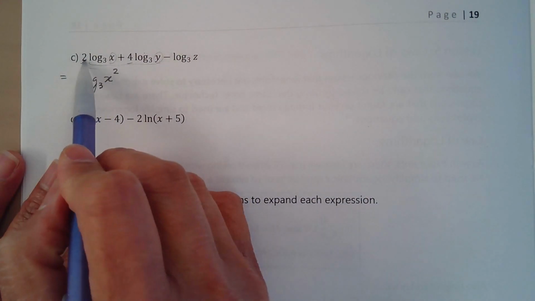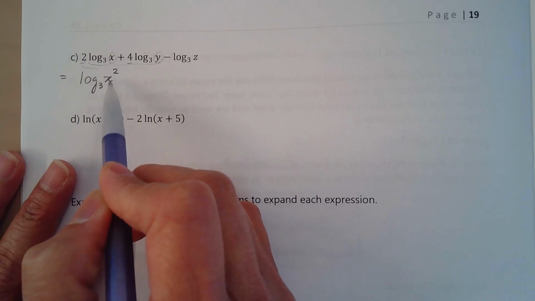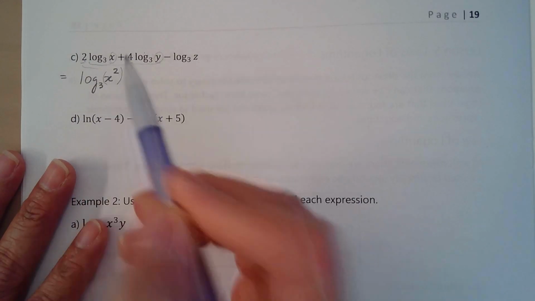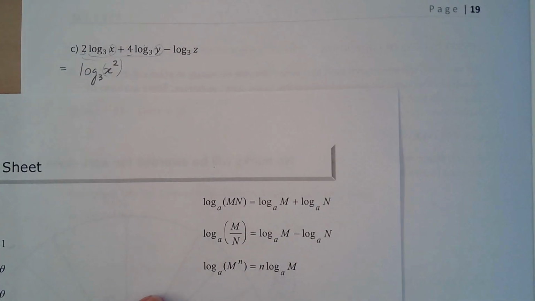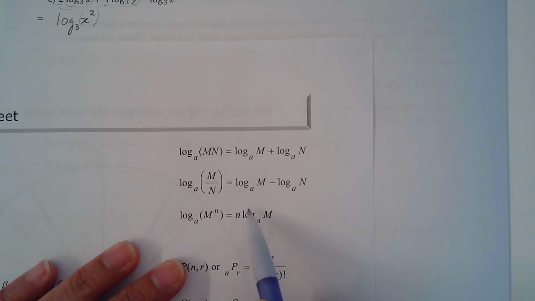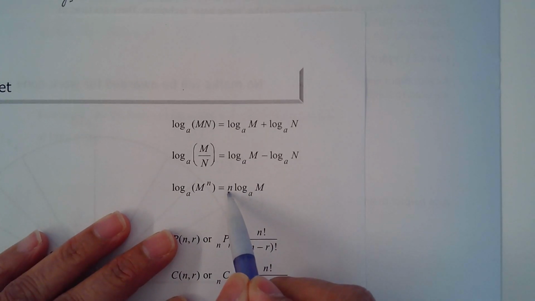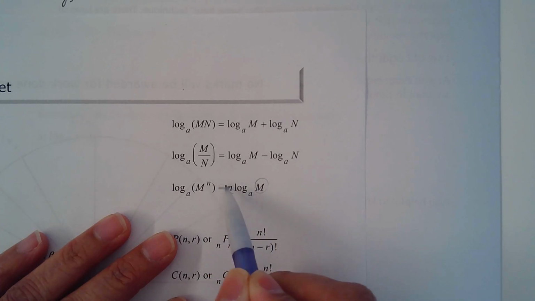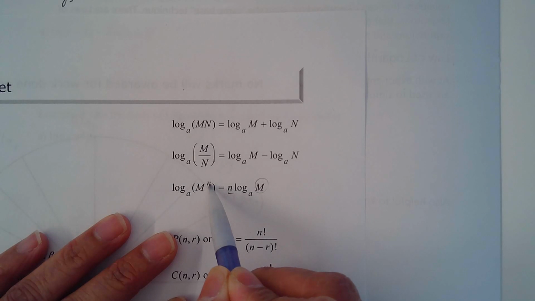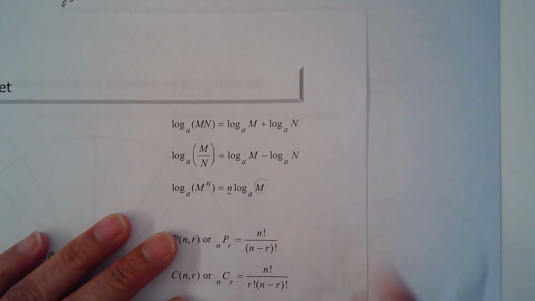So those are just squares, it's going to be squared. I'll show you in this form. So that's this one right there. So n is our 2 log of m. If we were to write that down, it's going to be m to the n. Okay, m to the n.